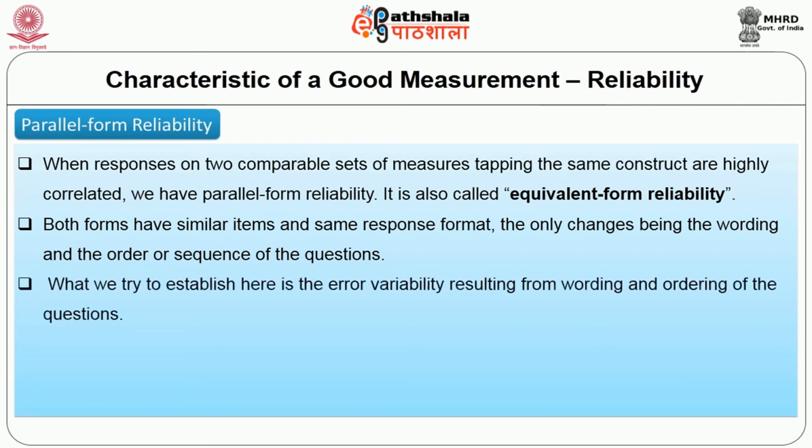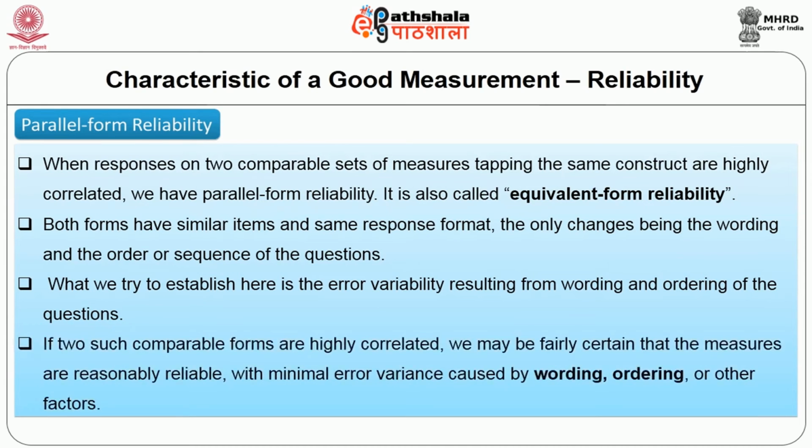What we try to establish here is error variability resulting from wording and ordering of questions. If two such comparable forms are highly correlated, we may be fairly certain that the measures are reasonably reliable with minimal error variance caused by wording, ordering, or other factors.